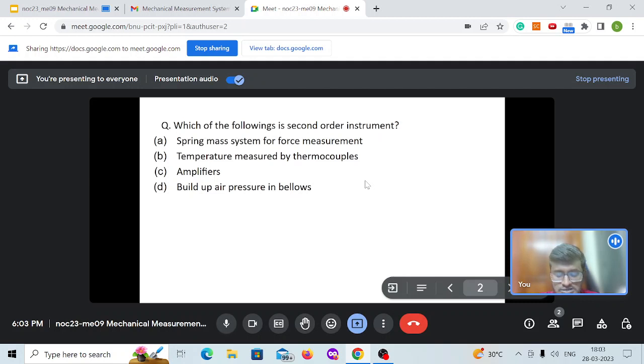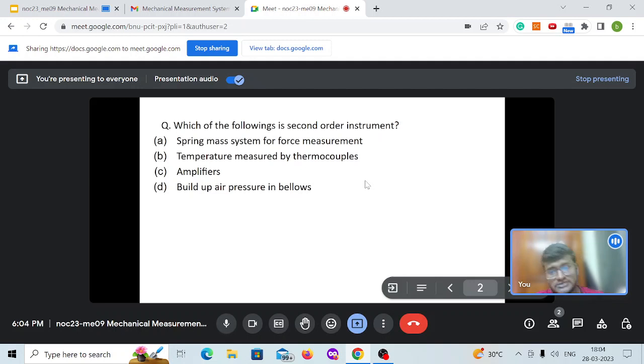So in this case, the answer is option A, spring mass system for force measurement. In a second order system, we saw 3 components: one having a damping effect, a sensitivity, and a time constant. In the spring mass system, you have a mass attached to a spring, and the atmosphere will act as a damping to the system.